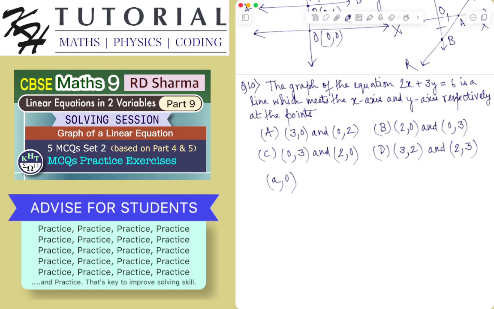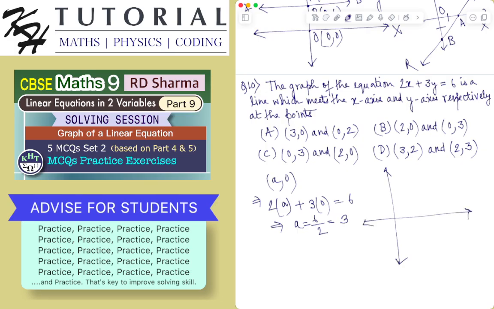Now this means that a, 0 must be a root of the equation 2x plus 3y equals 6. So I can say twice of a plus 3 into 0 should be equal to 6. This implies a is equal to 6 by 2, which is equal to 3. So a equals 3.